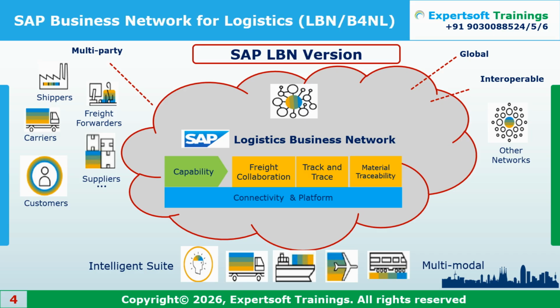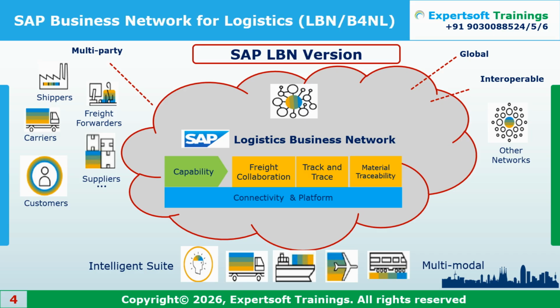But if you look at the diagram here, you can see LBN, the business network, which is your cloud product. You can see here, as I mentioned, freight collaboration and track and trace. Track and trace is the visibility side. Freight collaboration means your subcontracting and tendering, which I mentioned here.